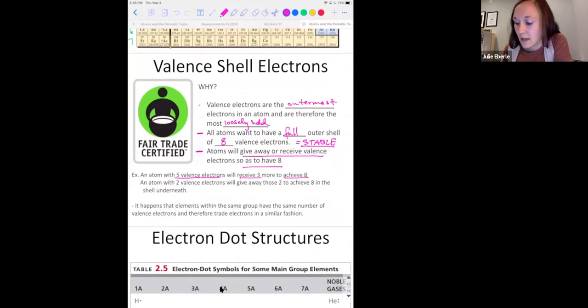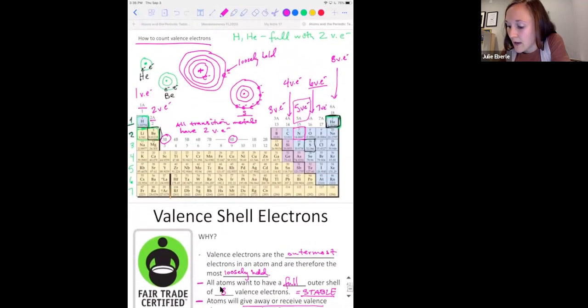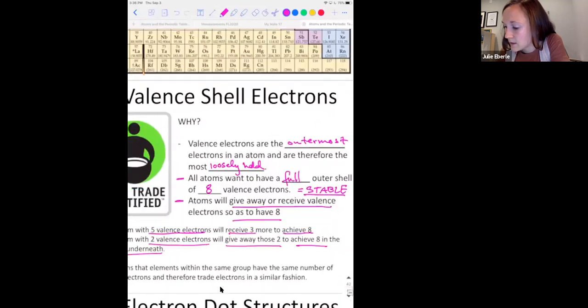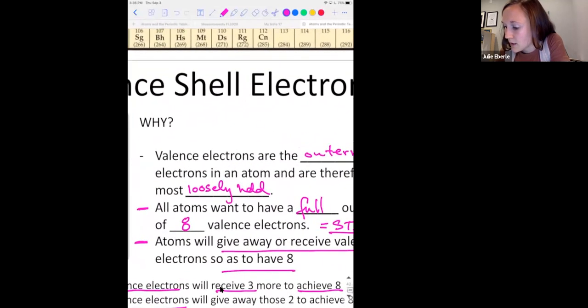An atom with 2 valence electrons, the quickest thing to do is to give those away to achieve 8 in the shell underneath. For example, if we have magnesium here, that's group 2. I want to draw a picture of magnesium, and I need some space. Magnesium is on row 3, so here's the nucleus, and here's 1, 2, 3. Magnesium has 2 valence electrons on its outermost shell, there's the 2 valence.